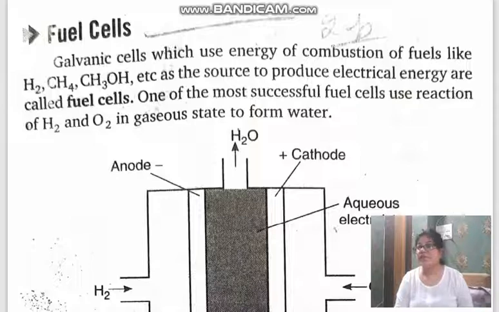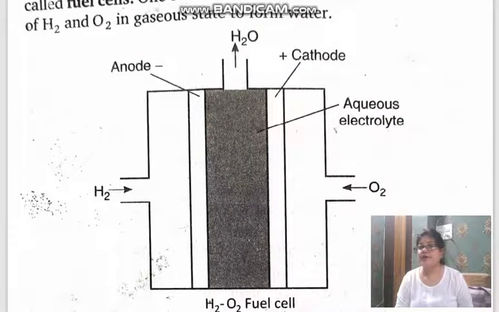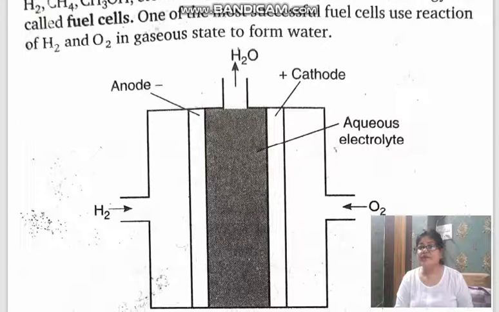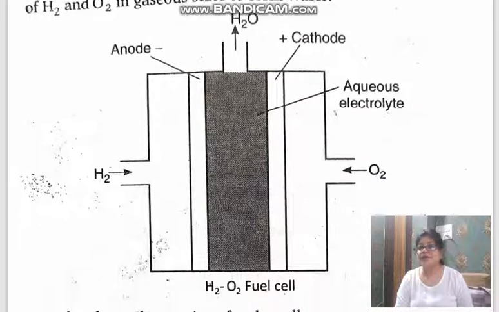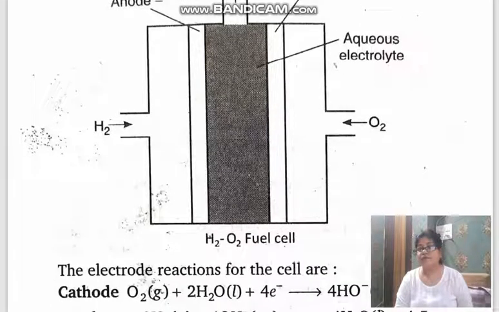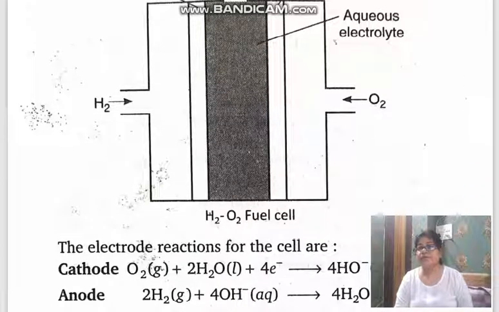There is hydrogen and oxygen in the gaseous form to form water. From here we insert hydrogen gas, here the oxygen gas, and there is an electrolyte. Outside this is the anode, and hydrogen gas goes in, and we get water. Since H2 and O2 are used, we termed it as H2-O2 fuel cell.